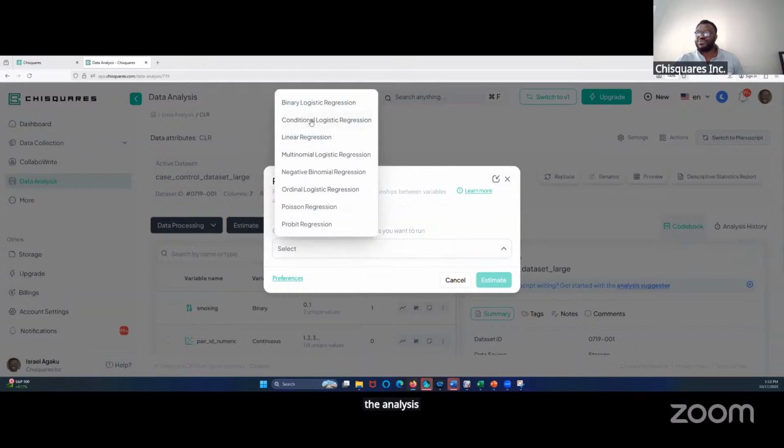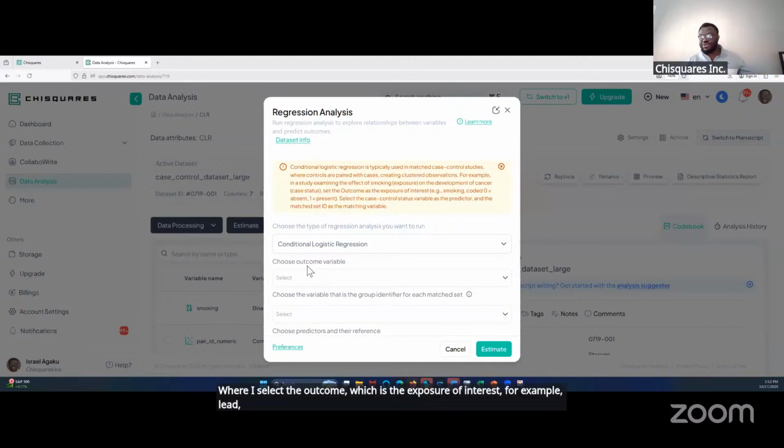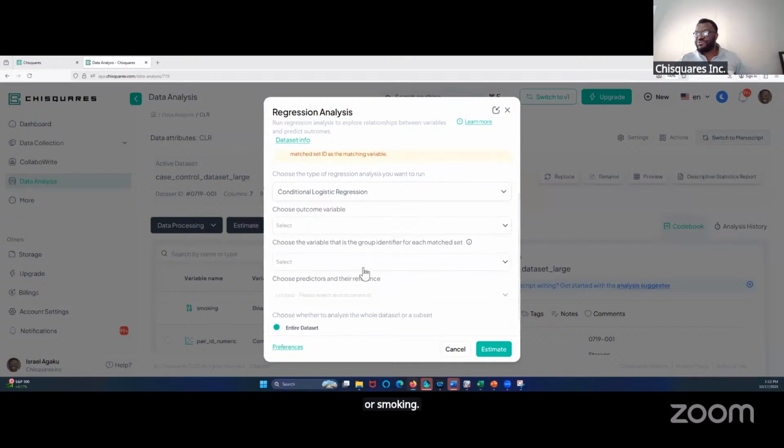If you are doing an analysis for a case control study, what you need is a conditional logistic regression analysis, where you select the outcome, and the exposure of interest, for example, lead or smoking. Then you indicate the variable that is a group identifier. This is very important, right?